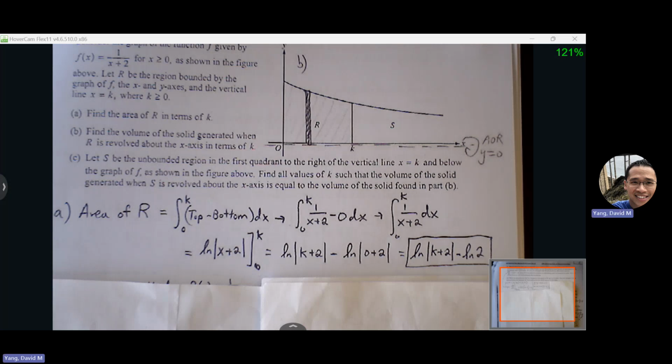You can skip U substitution if you know that your u value is only going to produce a derivative of 1. So that's why I saw that. I knew that the 1 over x plus 2, which is 1 over u du, is the natural log of the absolute value of u.